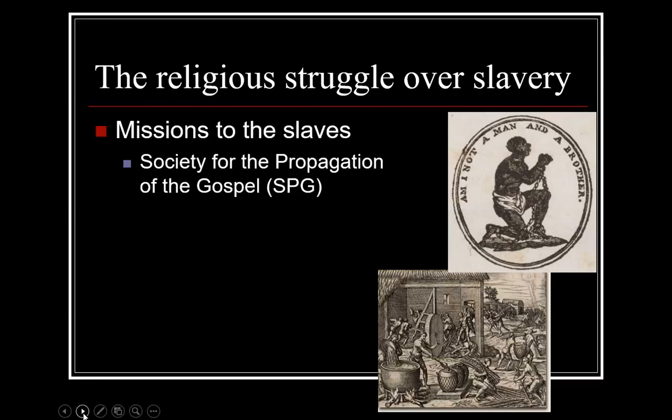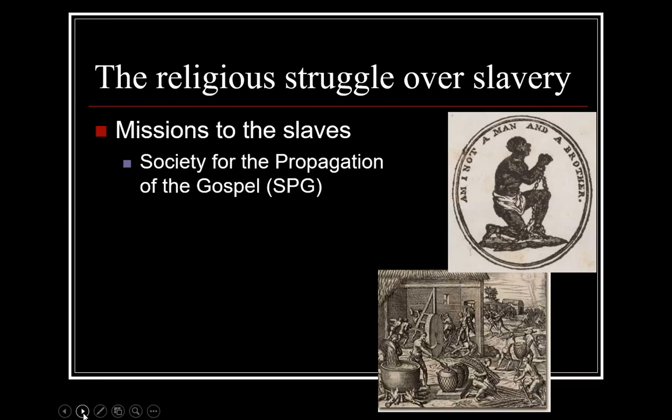So there is this effort to take place. Certainly, there's an effort here to evangelize slaves, and a lot of the work that's being done is this more Anglican approach.